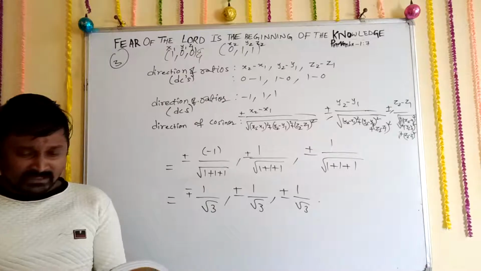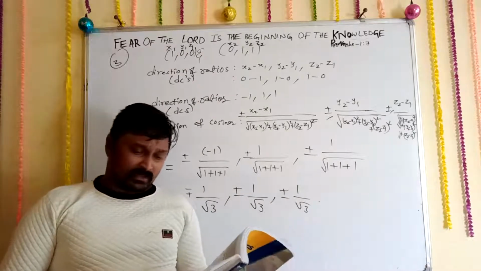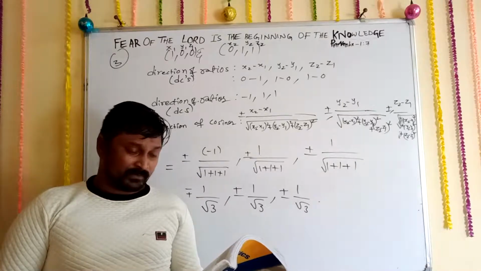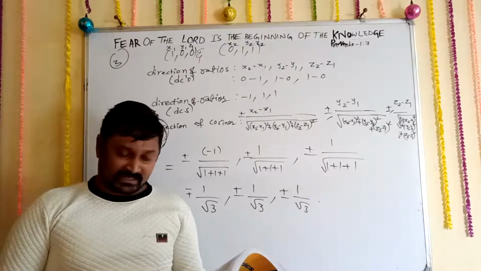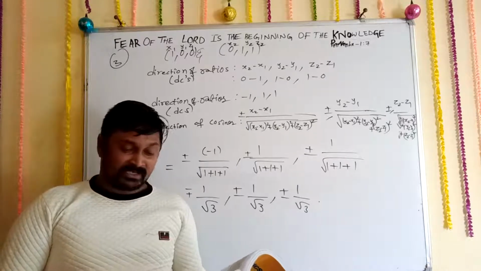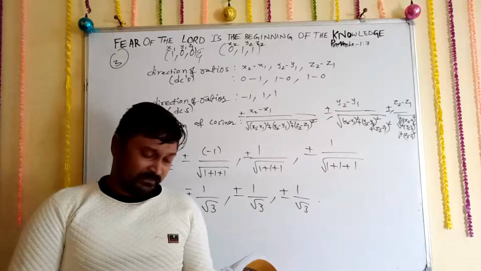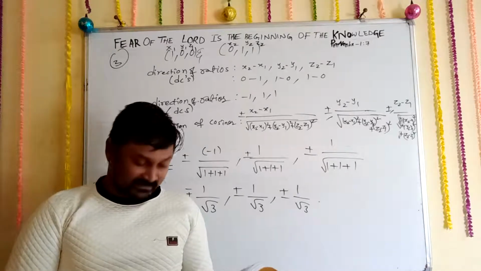Sorry, the last two problems are there. You try to solve your example number 4. Just observe your textbook, you can understand it, and the last one also you can solve, because only the angle is given, so you will try to complete that. If you have any doubts, you can ask me.